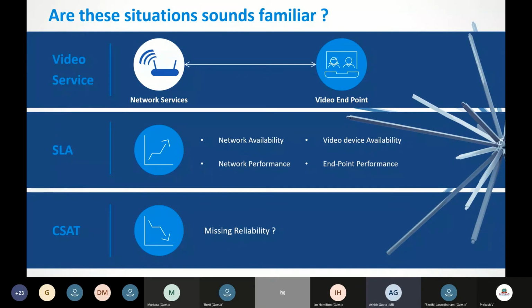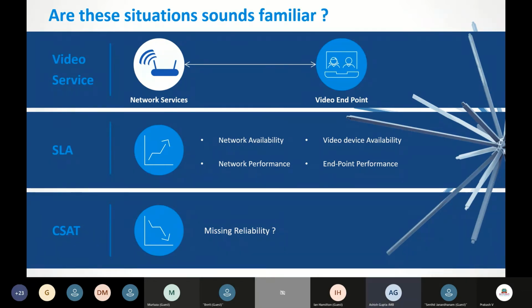And this network service is, of course, provided by your internet service provider or telcos, and hence the availability of the video system typically relied on your network performance, your network devices, and also your video devices and the video performance. So the case study was of one of the clients, right, who had their global video service.